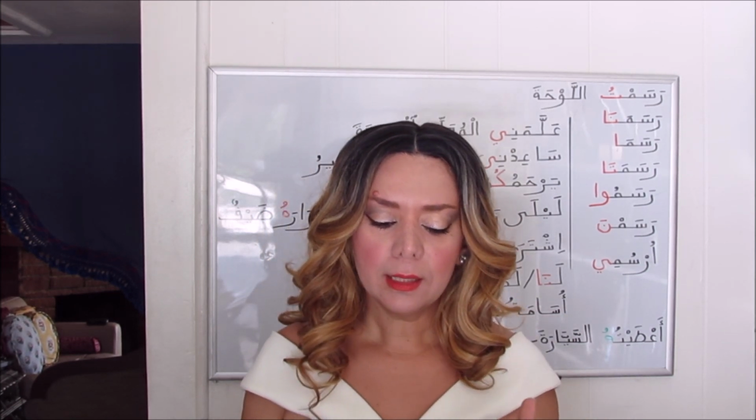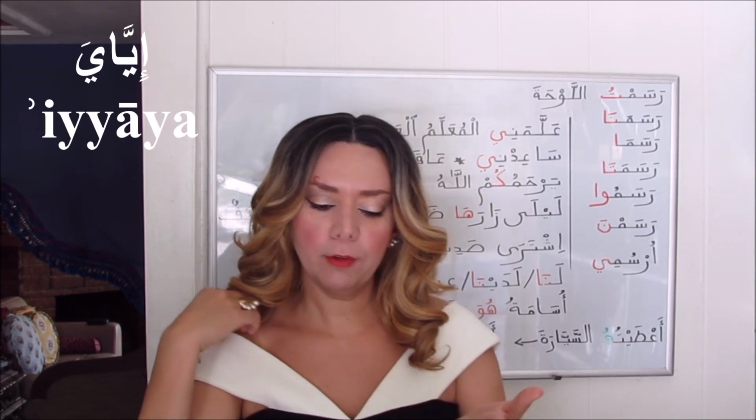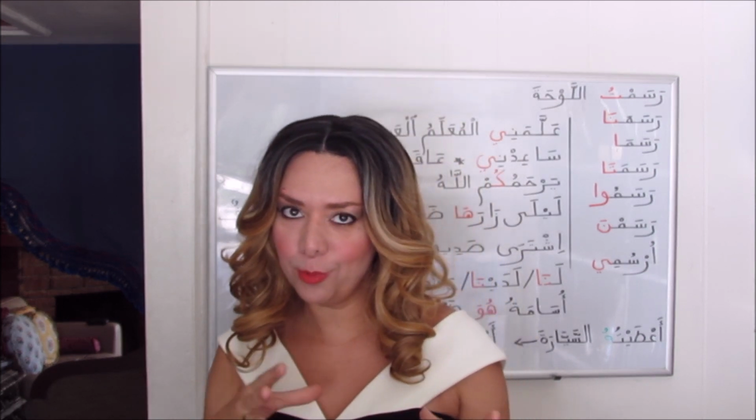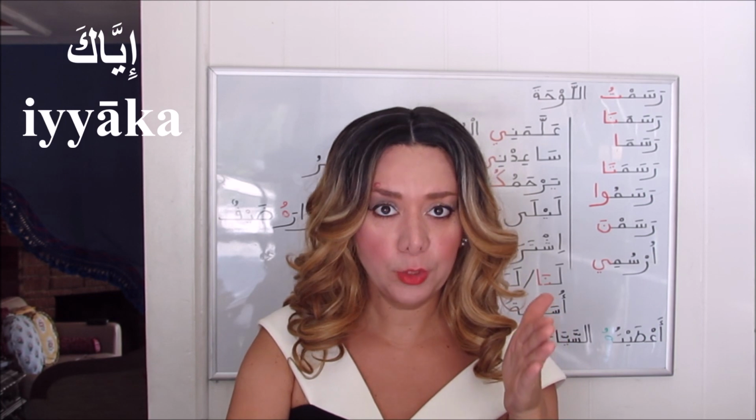So we say iya, we have the base form iya plus the enclitic form of the first person singular masculine or feminine subject pronoun أنا. So إياي means me. إياك, you.